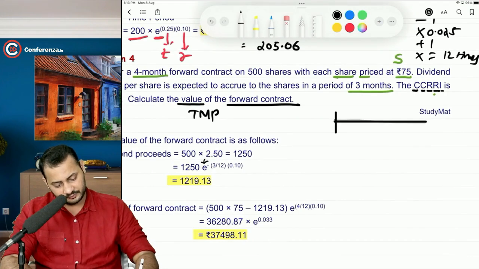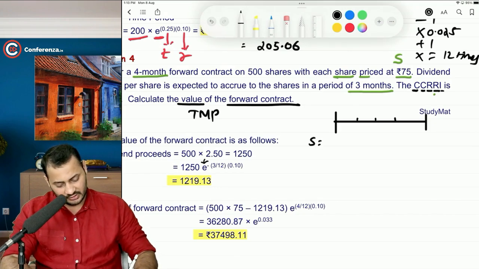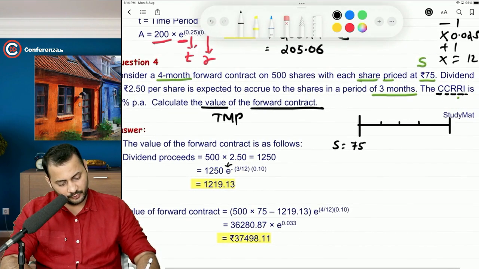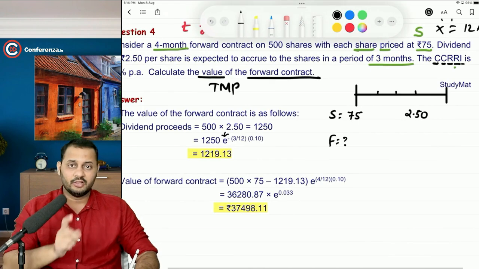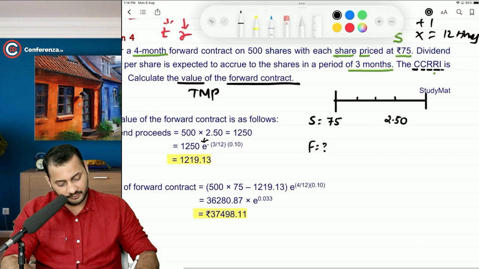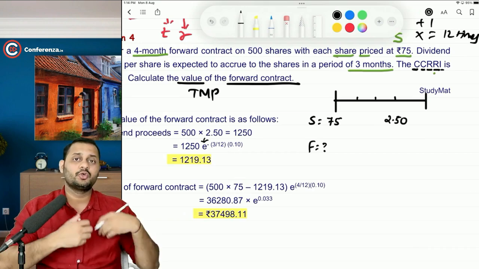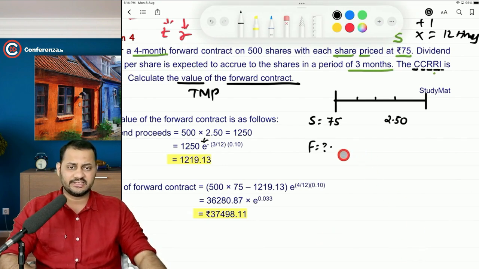Now this is a time. 1, 2, 3, 4 months time. Spot price is 75 rupees: if you buy the share today, you will get the dividend of 2.50 after 3 months. And you have to calculate a forward price for a 4-month contract. That means this is nothing but the price which could have been paid if we want to achieve the same objective in the spot market after 4 months.